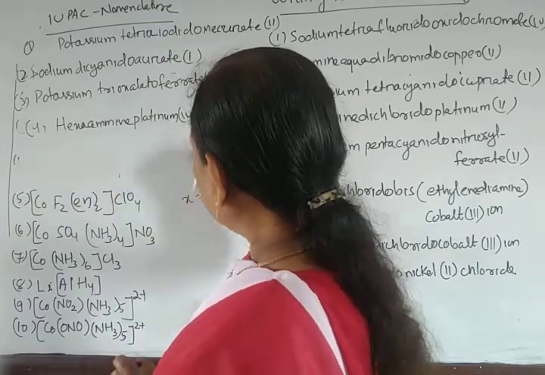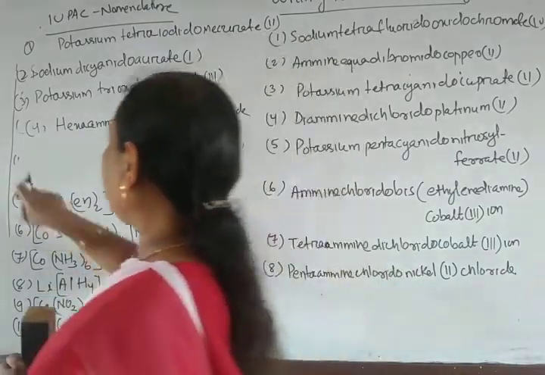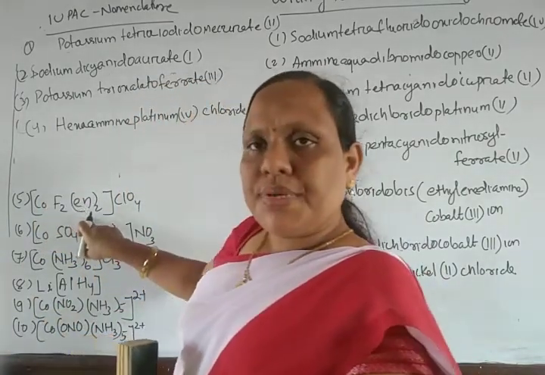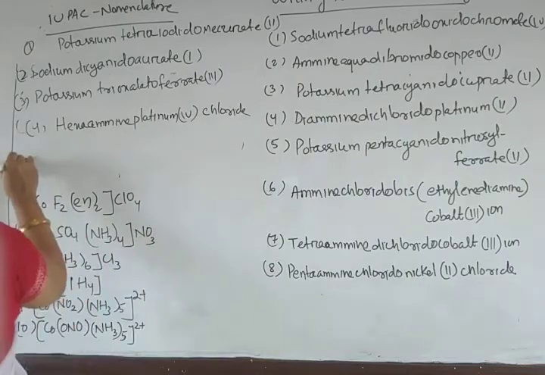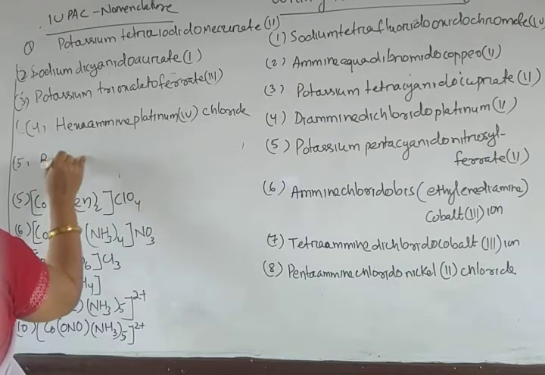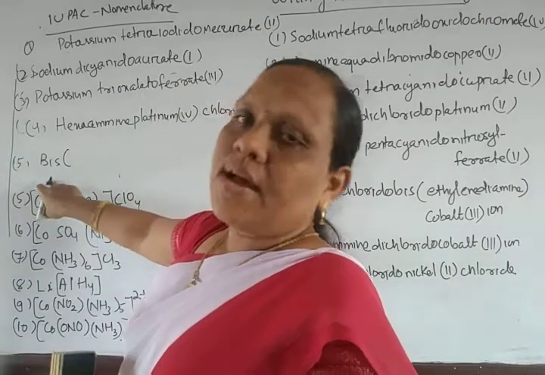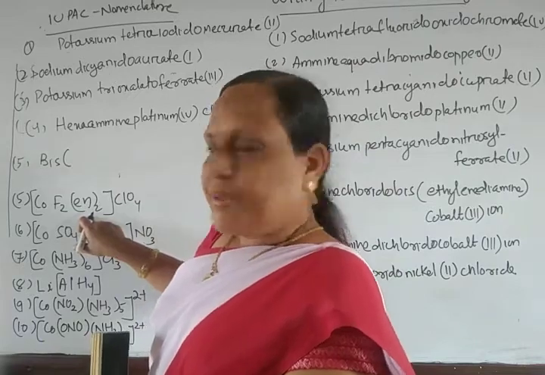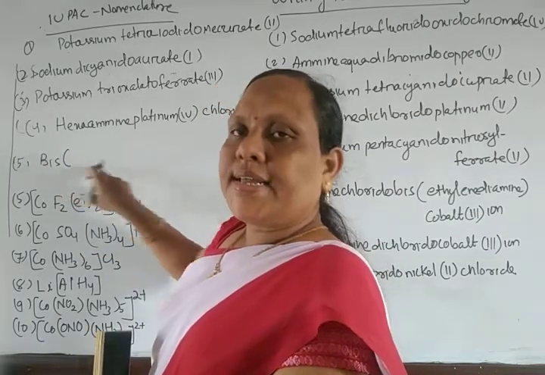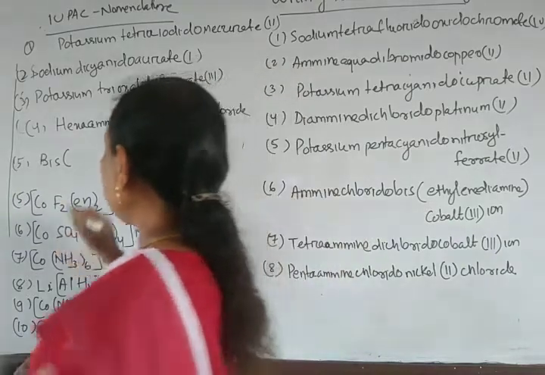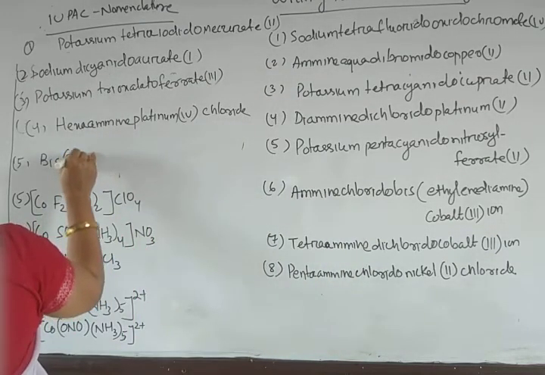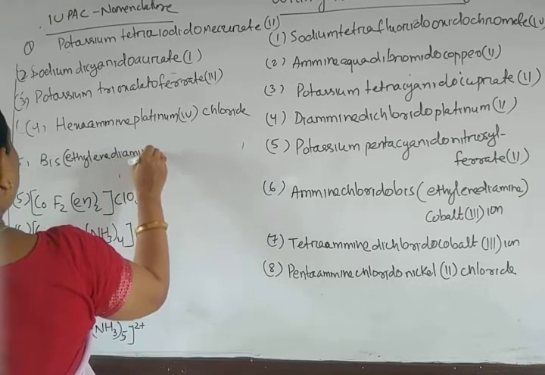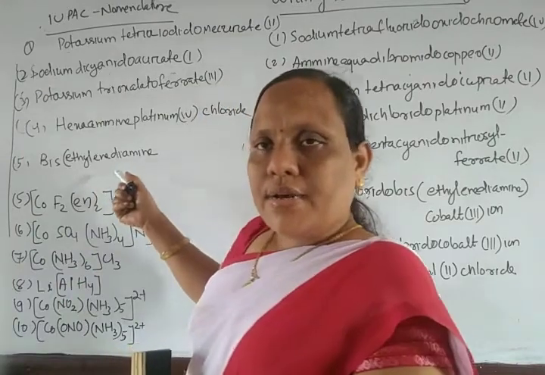So what is the name of this compound? First you have to write the ligand names, and among the ligands, the one that comes first alphabetically should be written first. So this is bis, then give brackets. After writing bis, if organic ligands are present, or ligands which contain numerical prefixes, they are generally represented in brackets. So bis(ethylene diamine), or ethane-1,2-diamine.